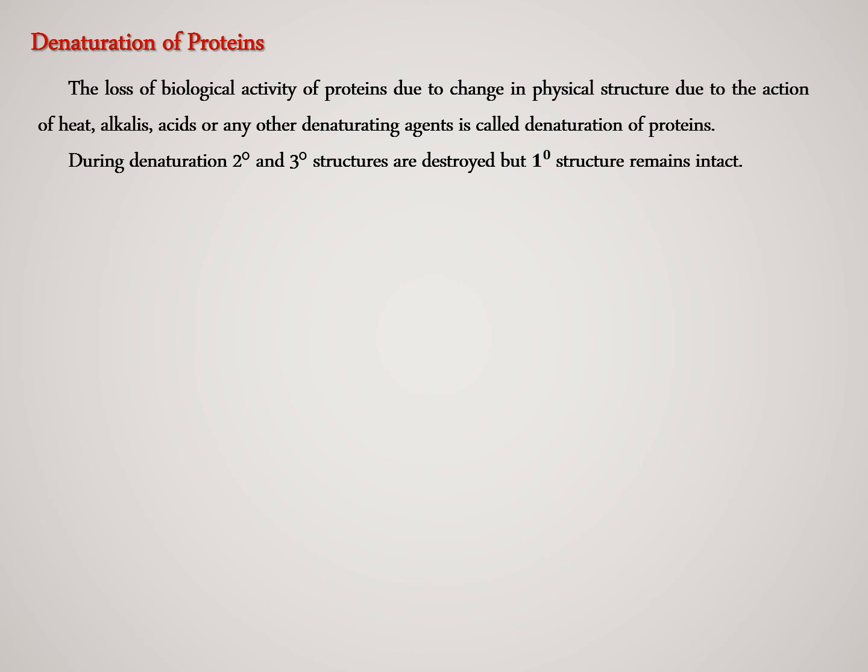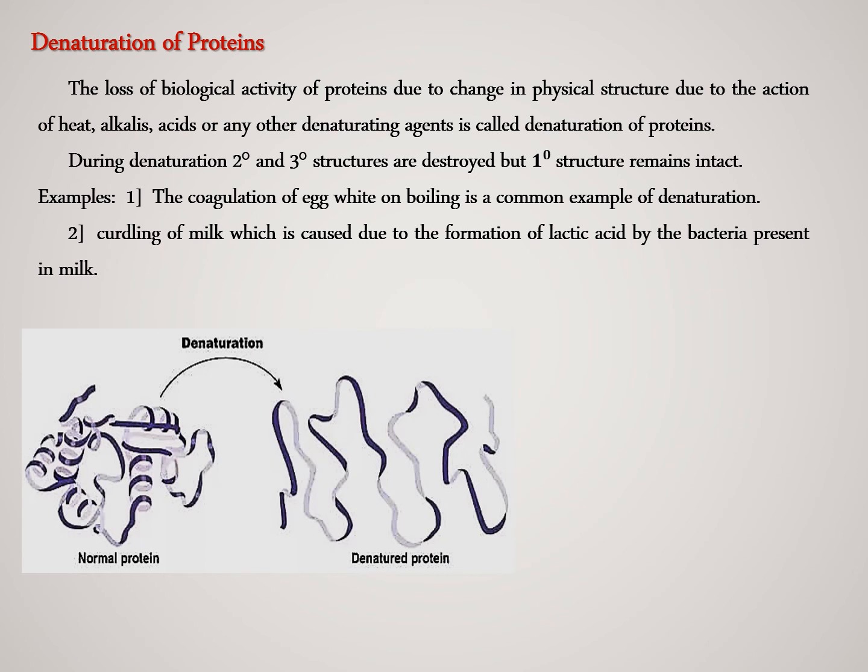What should be noted is during denaturation, the secondary and the tertiary structures are destroyed, but the primary structure of the protein will always remain intact. Some of the examples for denaturation of protein would be the coagulation of egg white, which on boiling will get converted into a mass.